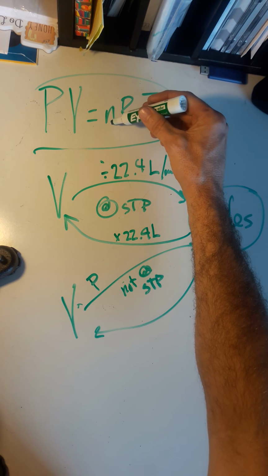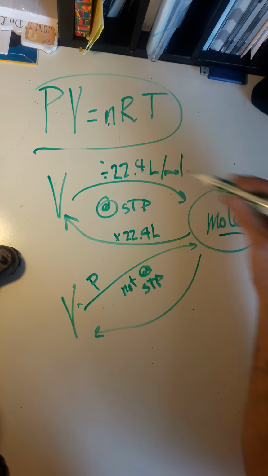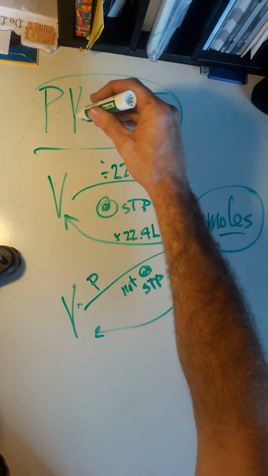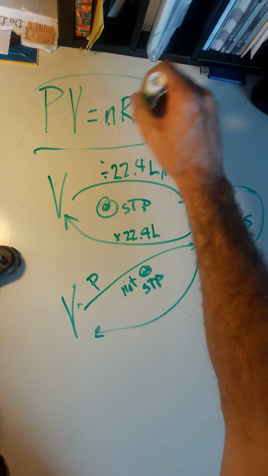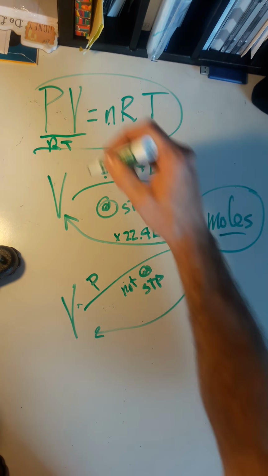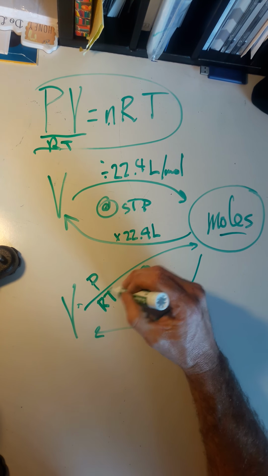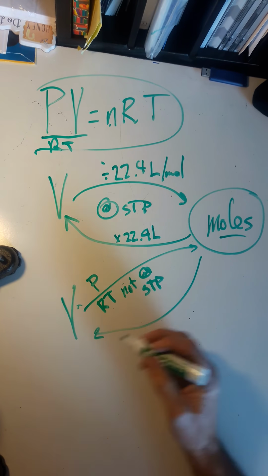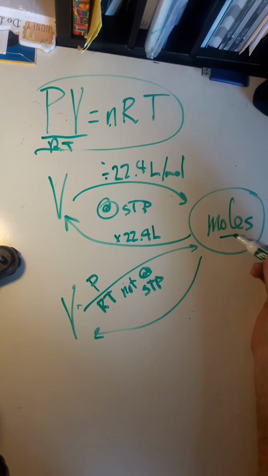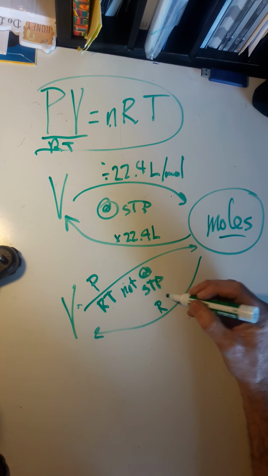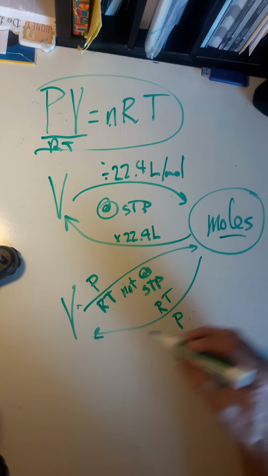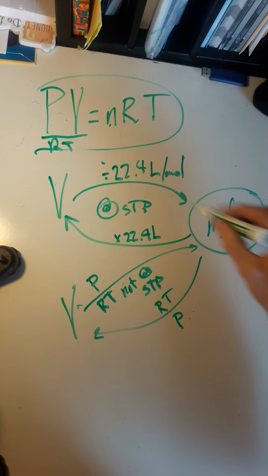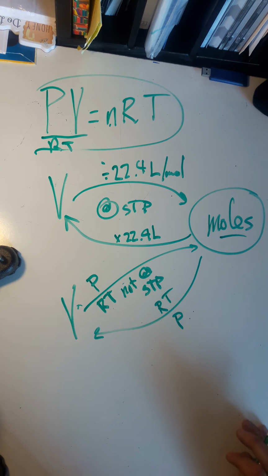We're trying to find moles, so we divide both sides by RT. If you're going from moles to volume, it's the opposite: you multiply by RT and divide by P to give you the volume. So this equation is in the mole map.